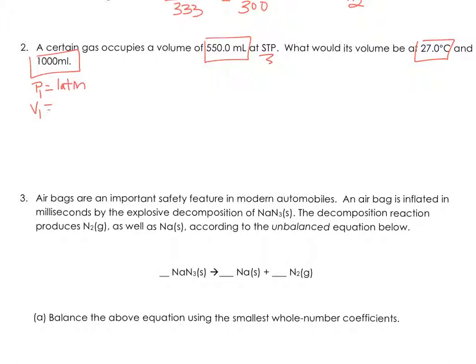V1 was given to me at 550 milliliters, and T1 is told to me in STP, 273 degrees Kelvin. Now I want to know its volume, so V2 is a question mark, at 27 degrees, so T2 is 27 plus 273, because I need to get it in Kelvin. That's again 300.